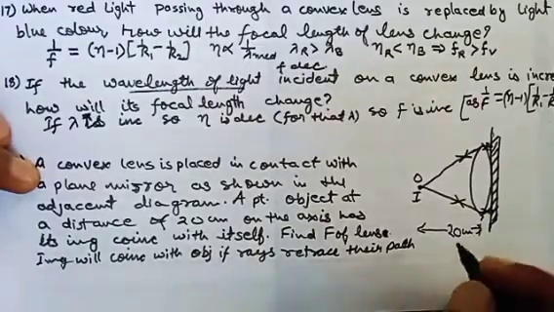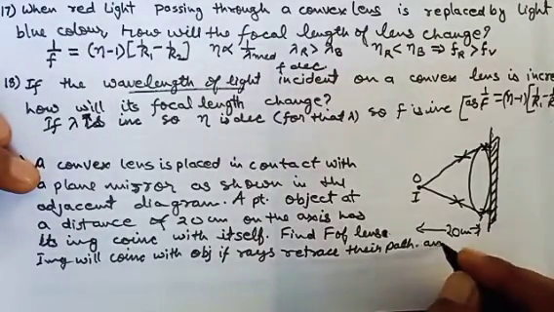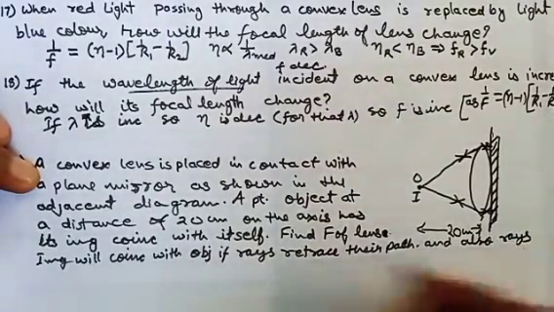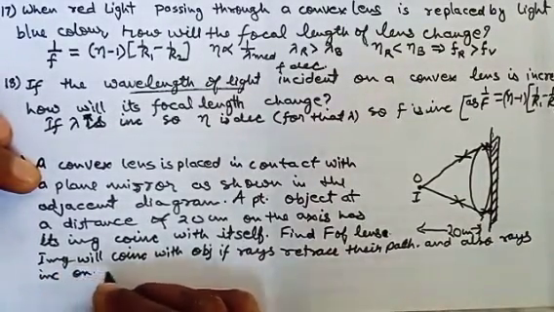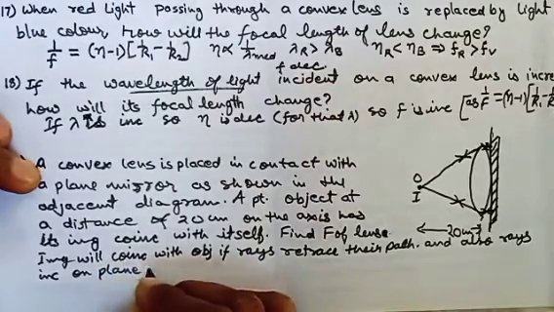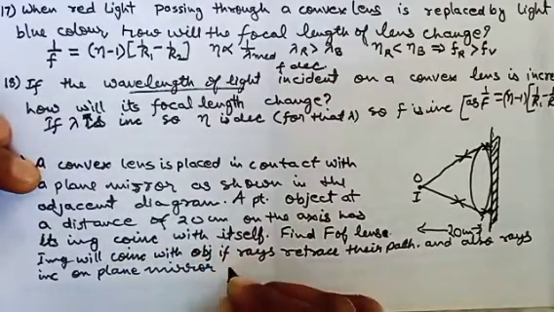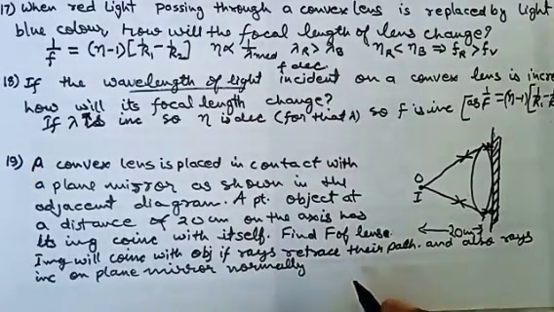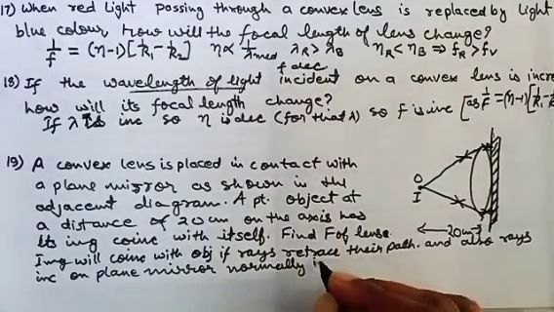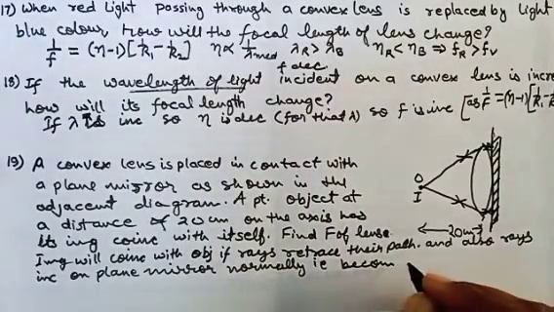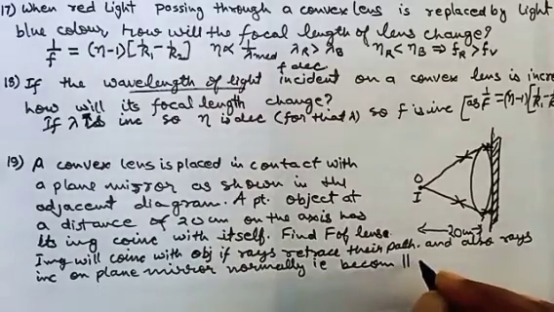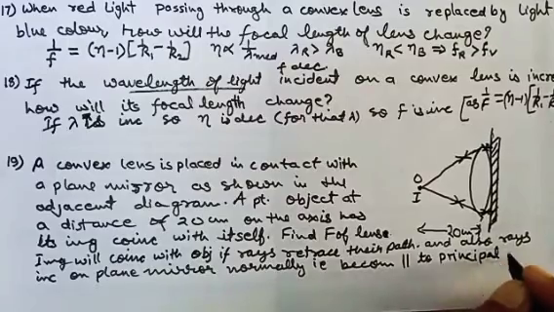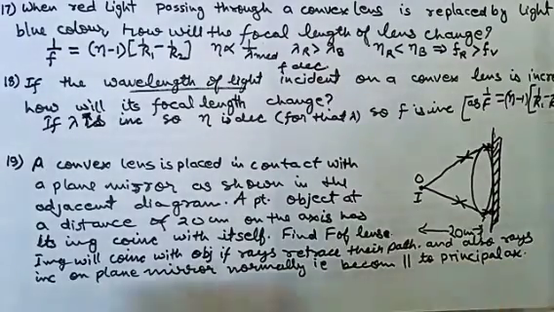This is the one thing. And also, rays incident on the plane mirror normally, that is, become parallel to the principal axis.